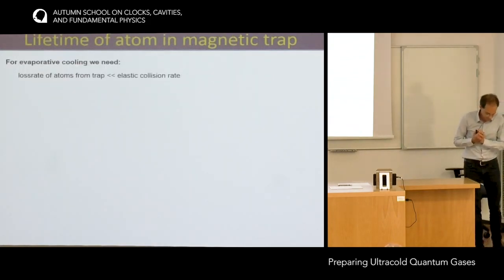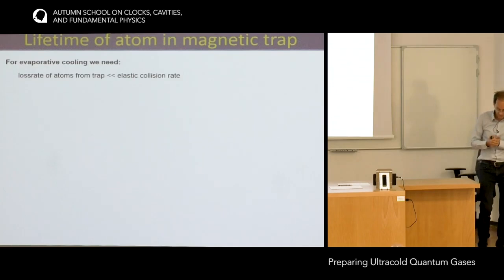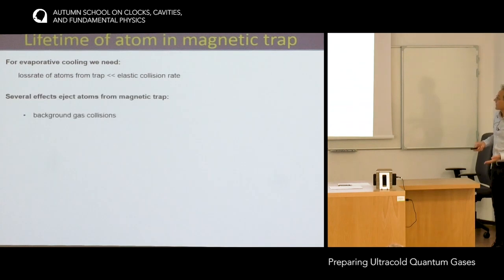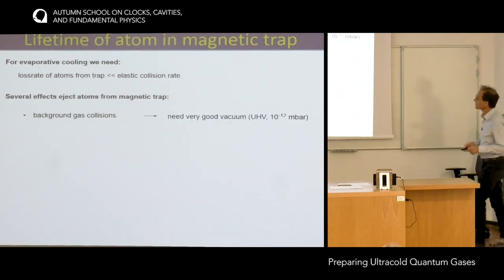So, to perform evaporative cooling, we need to keep our atoms around for a long time. And there are many effects which could eject atoms from our magnetic trap. First of all, of course, if your vacuum is bad, the residual, like hydrogen molecules, can crash into one of these trapped atoms and kick them out.